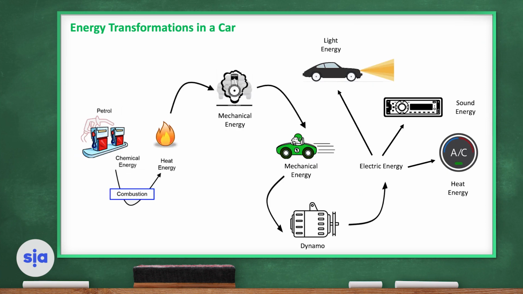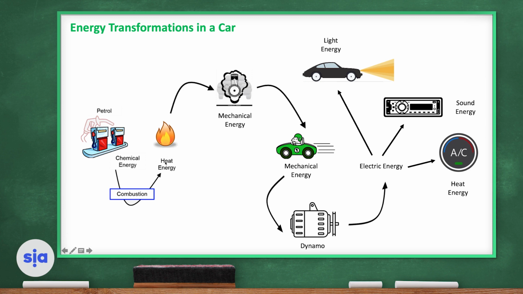Let's have a look at this example. This is an example of energy transformation in a car. First of all, we use petrol. It is a source of chemical energy. When this fuel is combusted or burned, heat energy will result.